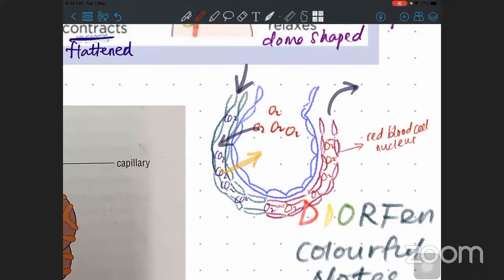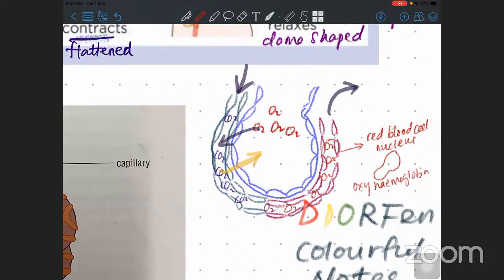Inside this red blood cell, you have something very special called hemoglobin, which the oxygen will combine with to make oxyhemoglobin, which is in the bright red color.